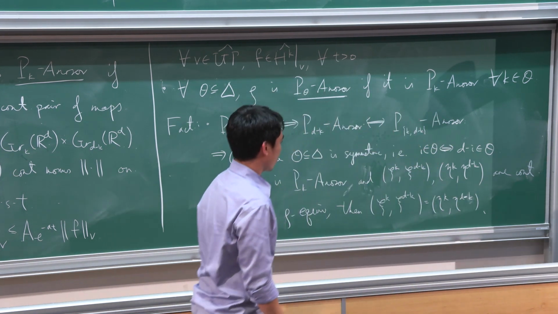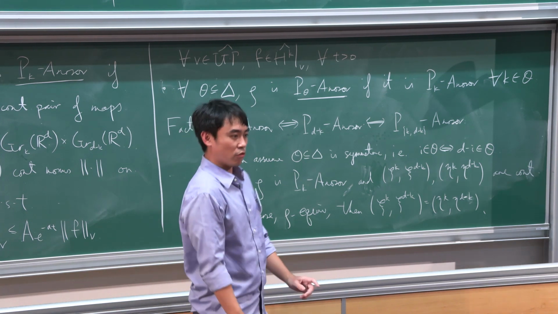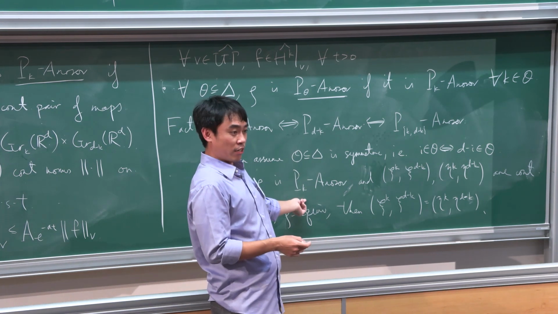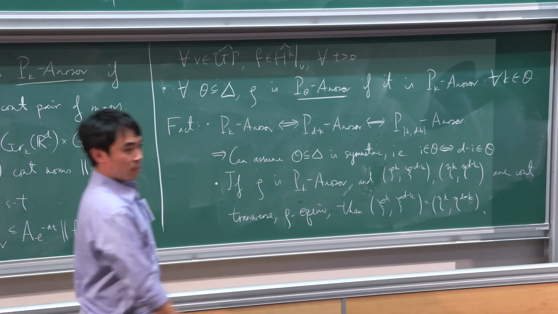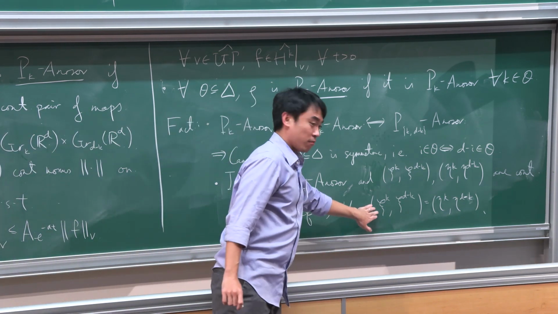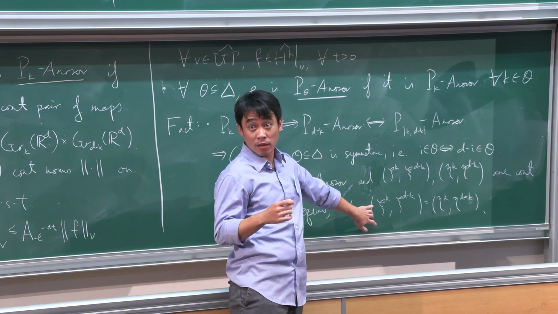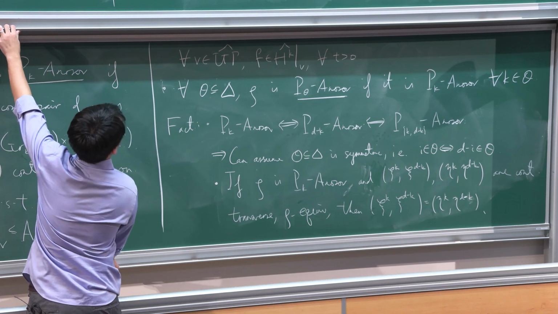Don't you need them also to satisfy the contracting chain property? I don't think so, because I'm assuming it's PK Anosov already, so you know that one of them really satisfies the contraction property. These guys are determined by the representation, so we call them the Kth limit map of your representation.